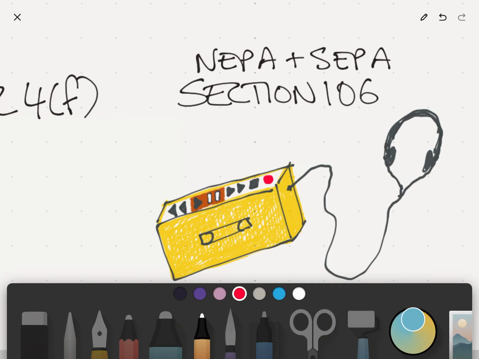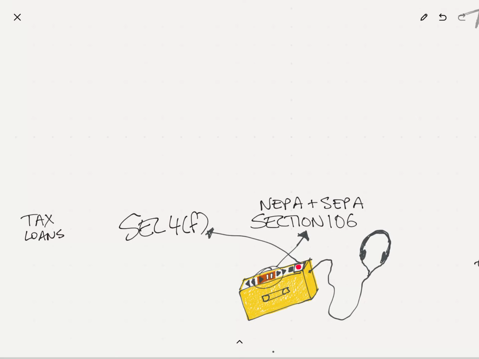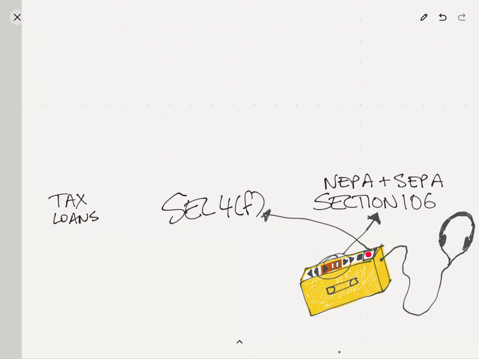You probably don't remember any of this, right? This Walkman looks completely foreign to you. But Section 4F adds that record button to the process. So it says, okay, well, if this thing is a recordable tape, or in our case is related to transportation, then you can make a change.